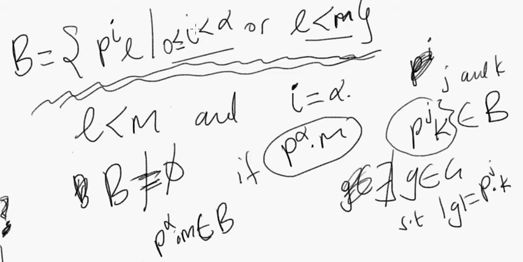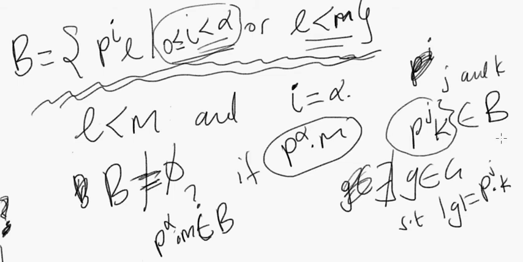So maybe I equals alpha, but if I equals alpha, then aren't we saying that the first condition is not true, that I is less than alpha? So doesn't that mean that L has to be less than M? But if L also equals M, don't we have a problem here? So again, we ask the question, can the element P to the alpha times M be in B?